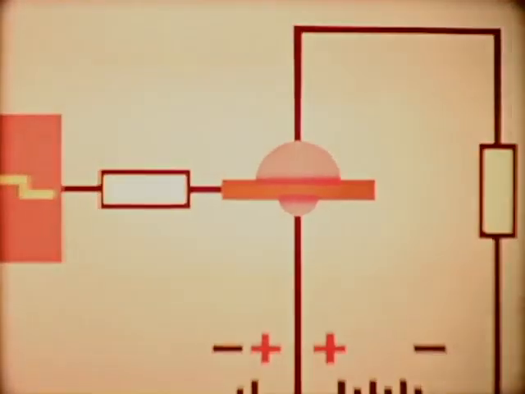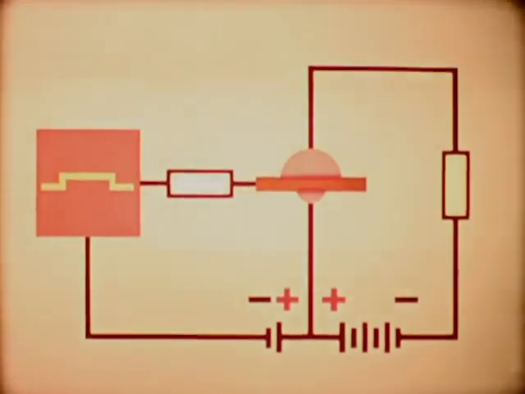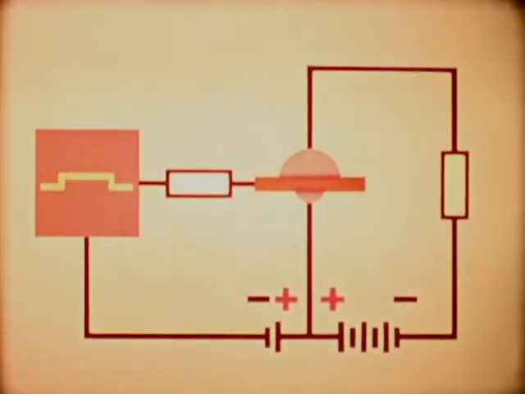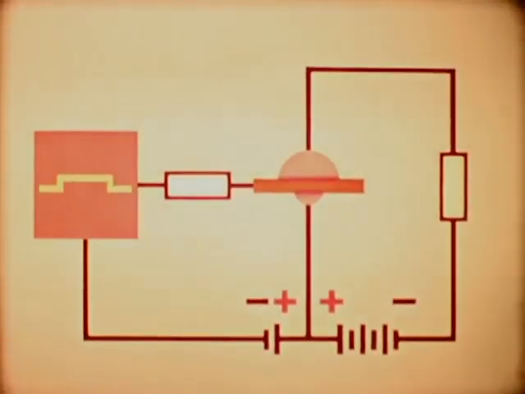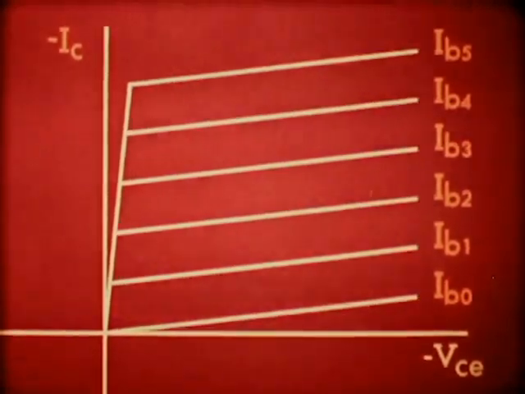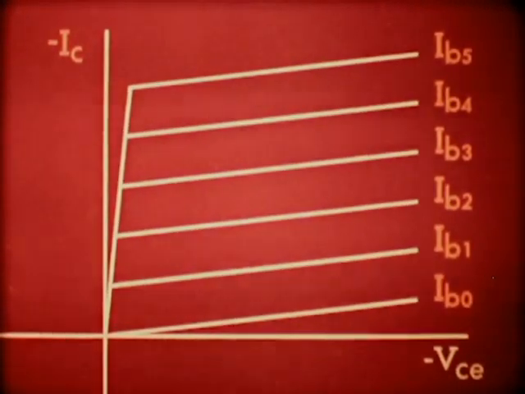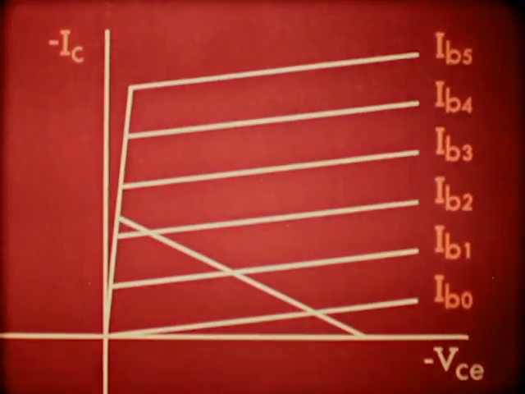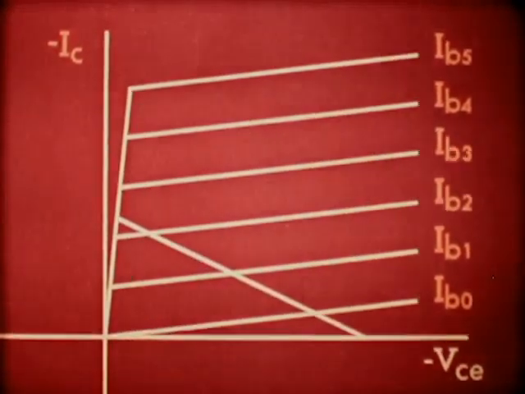Let us now examine the possibilities of using a transistor as a switching element, with input and output resistors. But, first of all, let us refer to a series of typical output characteristics with load line and working point.